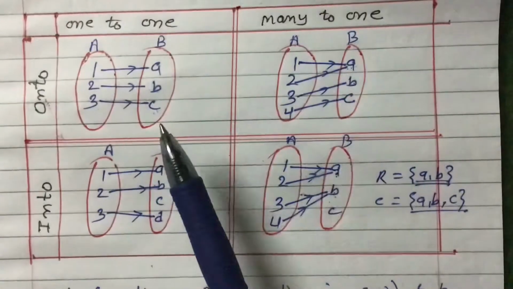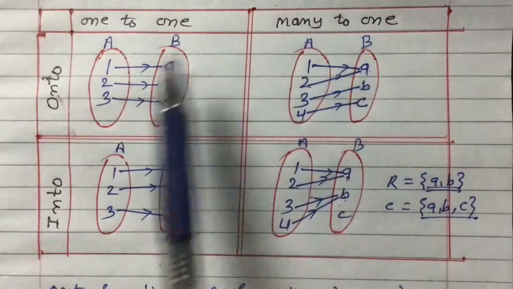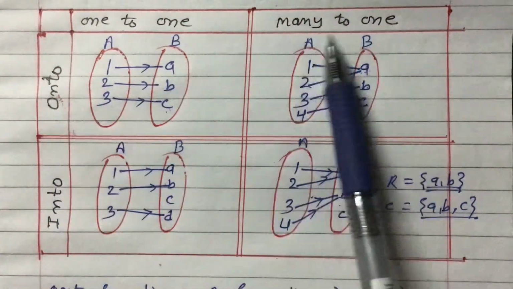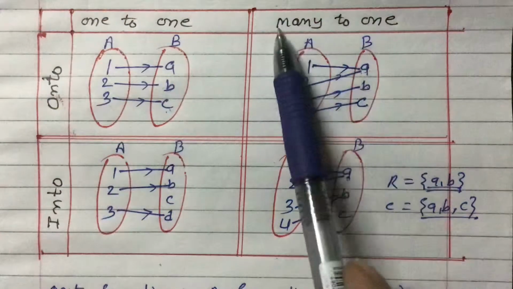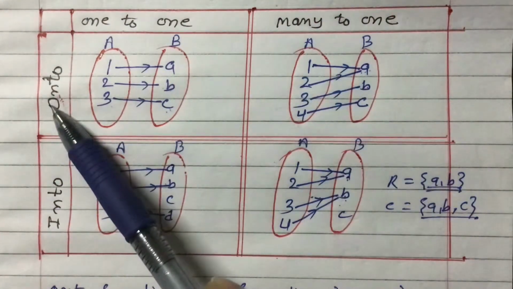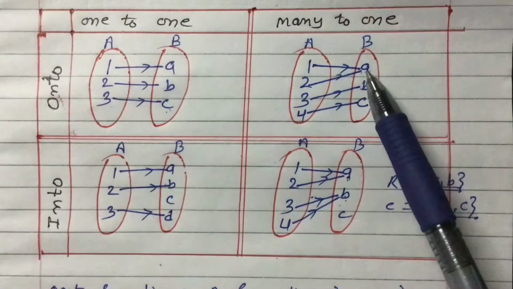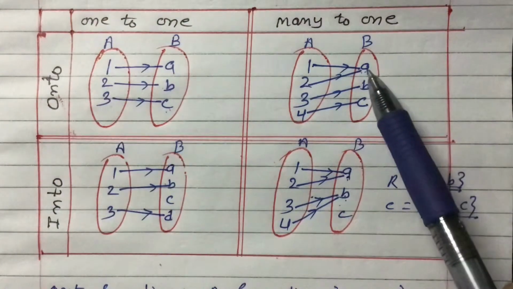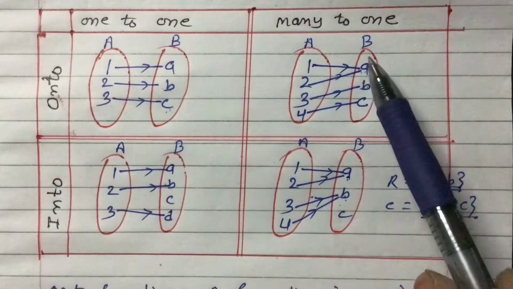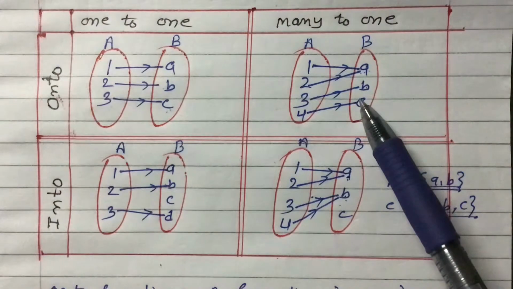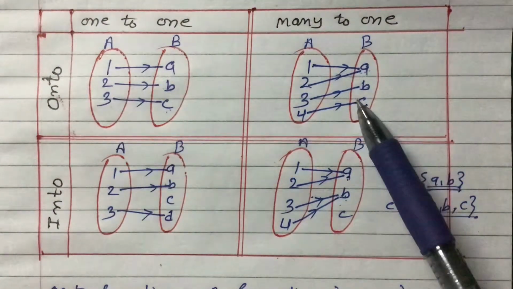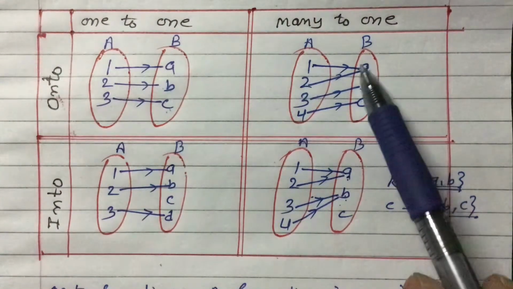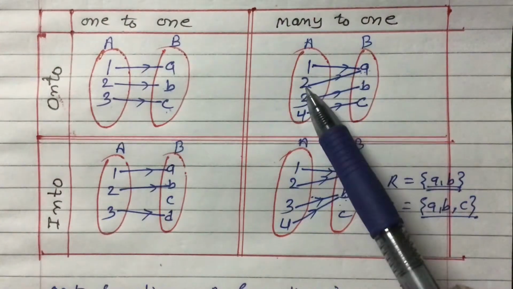Similarly, we can define in the combination form many-to-one onto also. A function is said to be many-to-one onto if range is equal to codomain and at least one image has more than one pre-image.